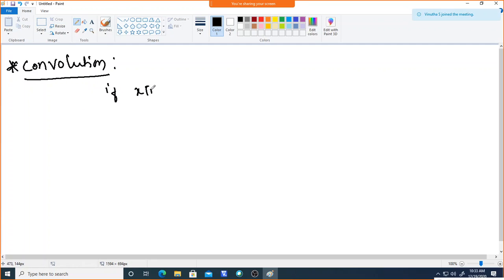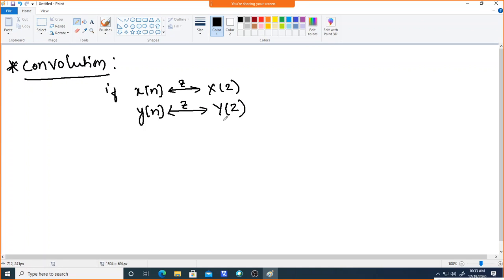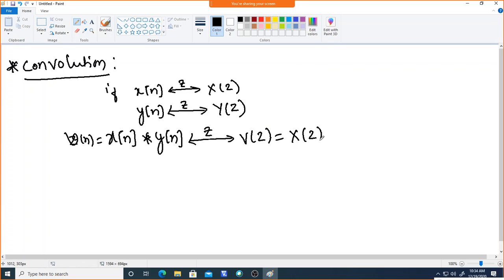If x of n has z transform x of z, and another signal y of n has z transform y of z, then the convolution of the two, which I will call v of n, equal to x of n convolved with y of n, has the z transform v of z, which is the multiplication of the two signals in the z domain. So convolution in the time domain corresponds to multiplication in the z domain. Now we will prove that.